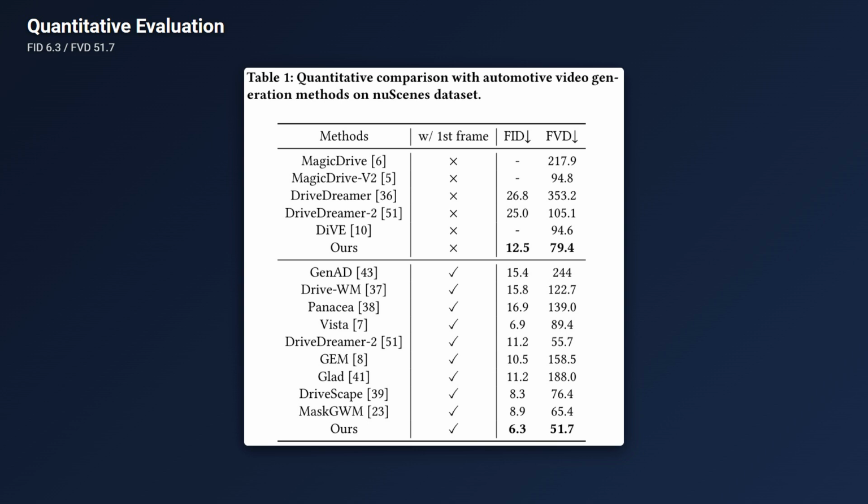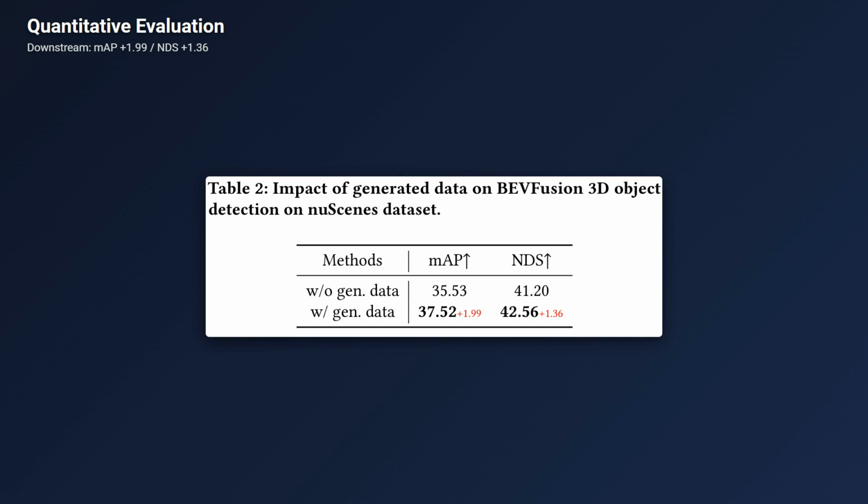With first frame guidance, FID improves to 6.3, FVD to 51.7, substantially surpassing all baselines. More importantly, for downstream tasks, we train BEVFusion on our augmented data. mAP improves by 1.99, NDS by 1.36. Our generated videos deliver tangible benefits.